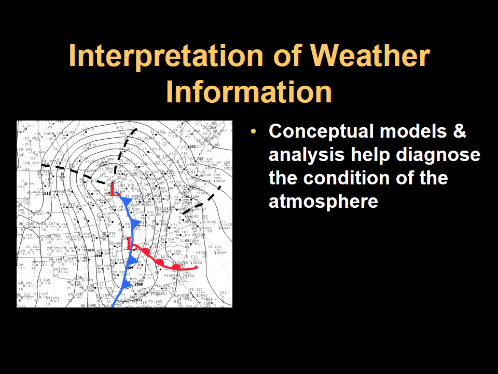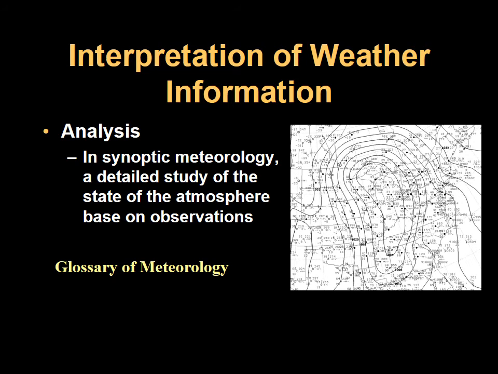And those concepts that we came up with, the cyclone and the warm fronts and cold fronts, and also troughs, actually fit the analysis pretty well, although our analyses were not perfect at that time. We didn't have enough weather observations. So what we mean by analysis is taking data, taking observations, and then putting those observations in some form.